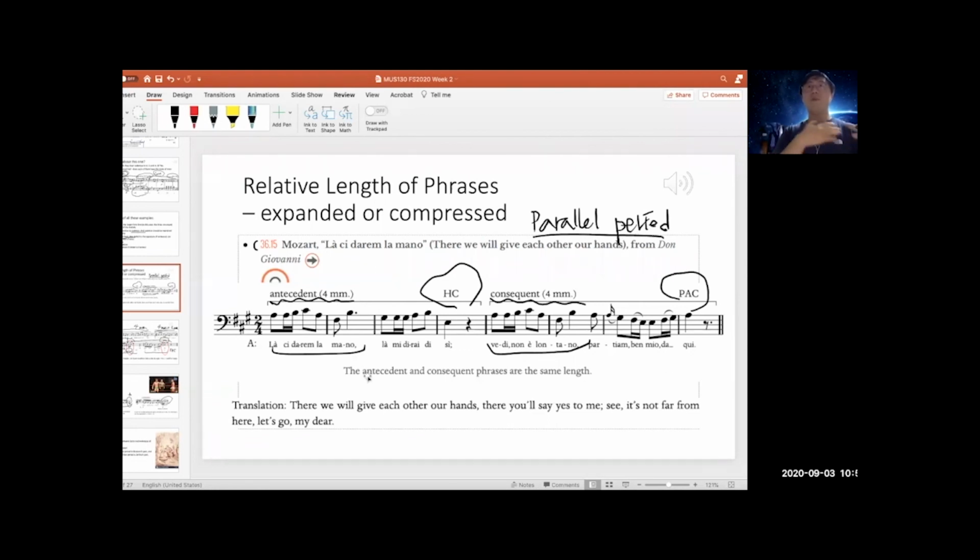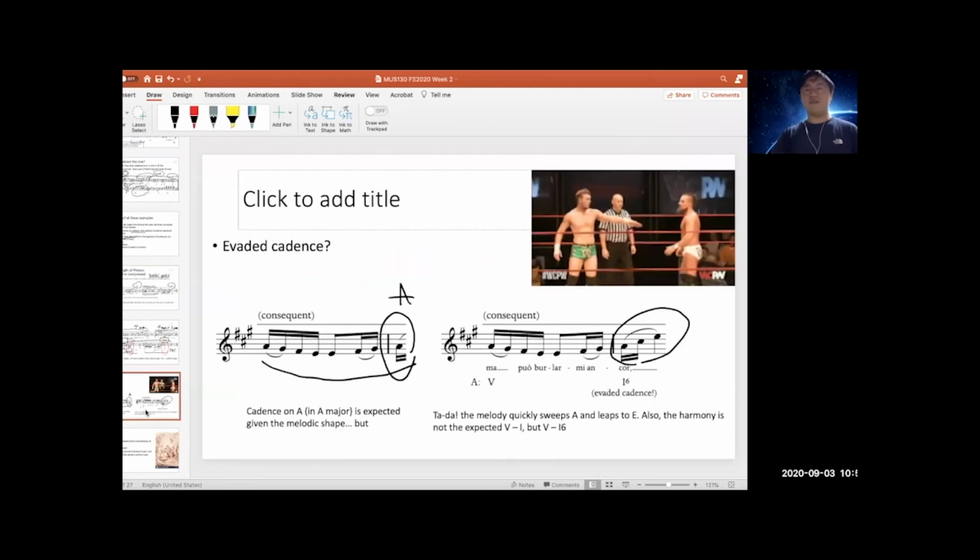Both the melody and the melodic gesture and the lyric make many nice references to hand gestures. So give your hand, no, give your hand, no. That's the basic story of this aria. So that's why I made this kind of failed attempt to make a joke out of the example.